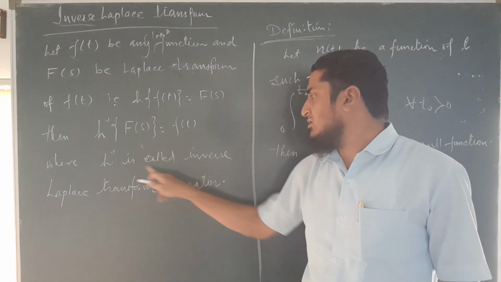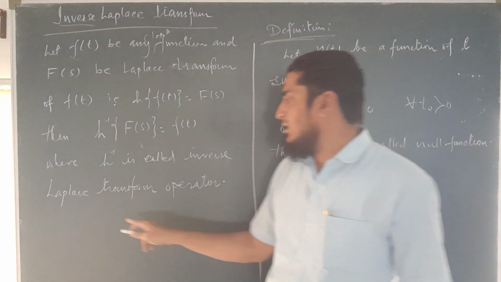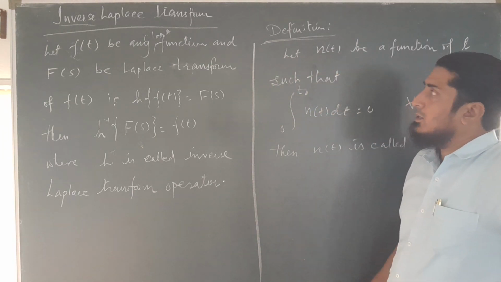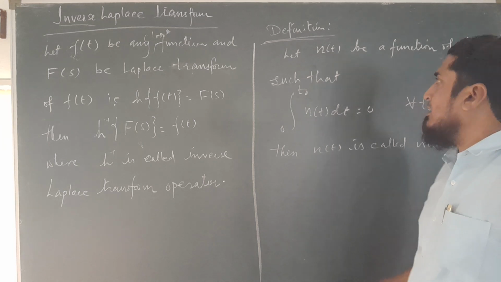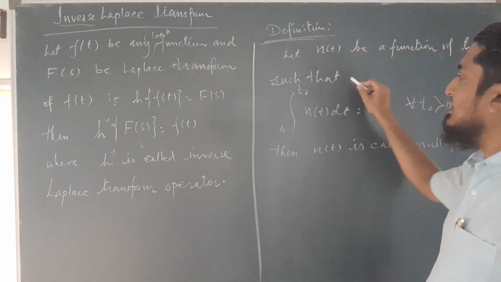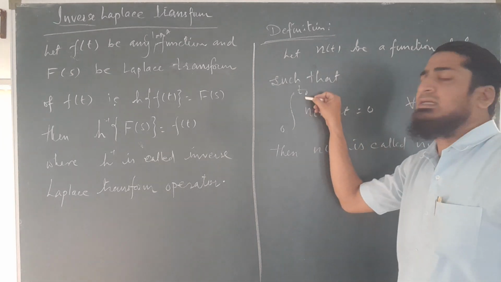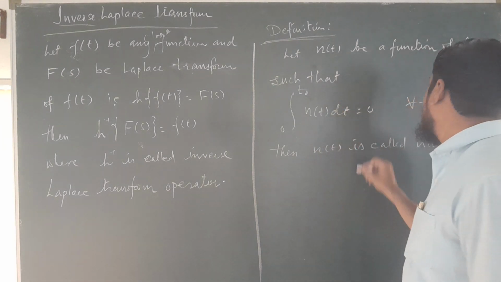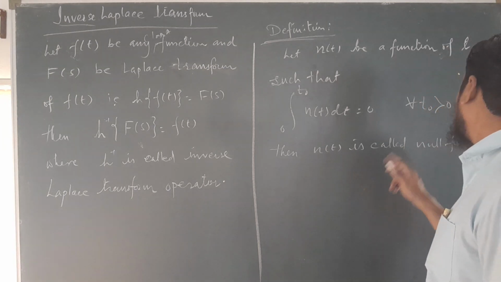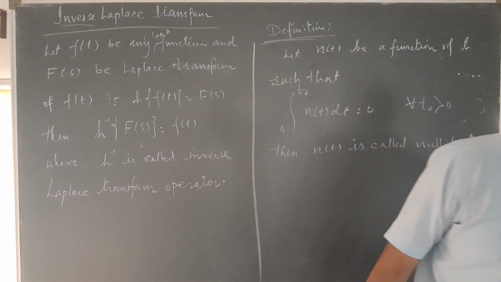And let n of t be a function of t such that the integration from 0 to t0 of n of t dt is equal to 0 for all t0, then n of t is called a null function. Correct?